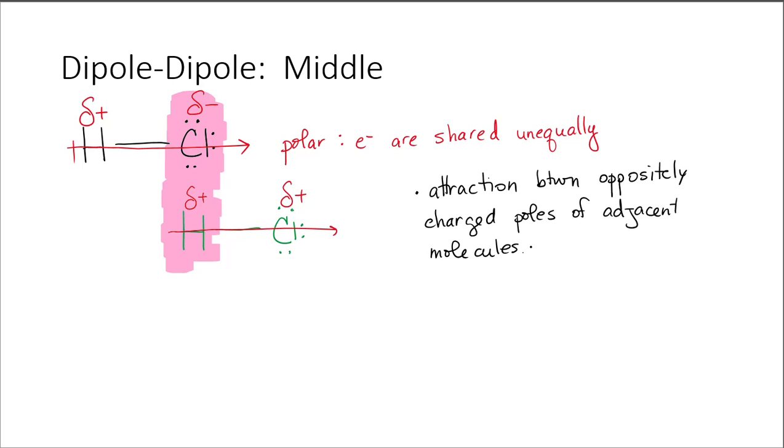So the partial negative of the black chlorine is attracted to the partial positive of the green HCl molecule. That's a pretty strong force. Like if you think about two different magnets, right? You bring the positive end of one magnet to the negative end of another magnet and they click together, and you have to put in force in order to pull them apart from each other.